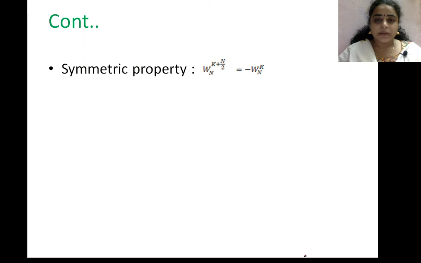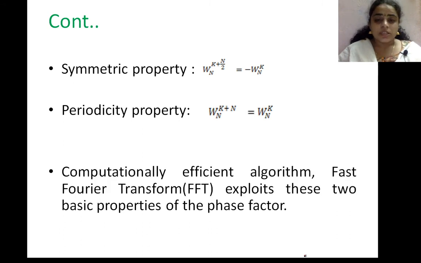So, what is the symmetry property? It means omega n power k plus n by 2 is equal to minus omega n power k, and the periodicity property is omega n power k plus n equal to omega n power k. These two properties are exploited in fast Fourier transform algorithms, so we can say that the fast Fourier transform algorithm is more efficient than direct computation.